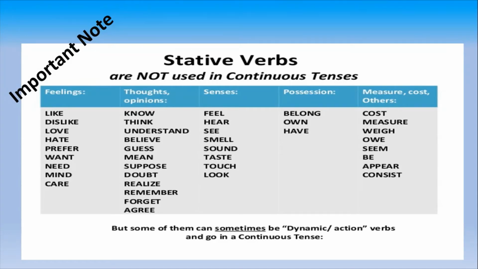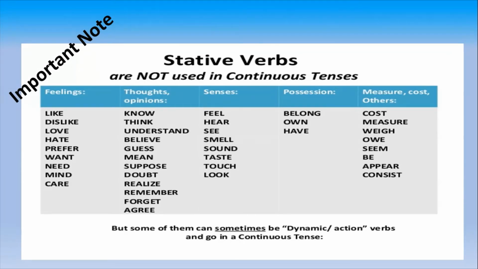Examples: like, dislike, love, hate, know, think, feel, have, cost, measure, weigh, etc. All these, as you see here, are stative verbs. These verbs can't be used with ing. Please note this. The stative verb can't be used in continuous tenses.